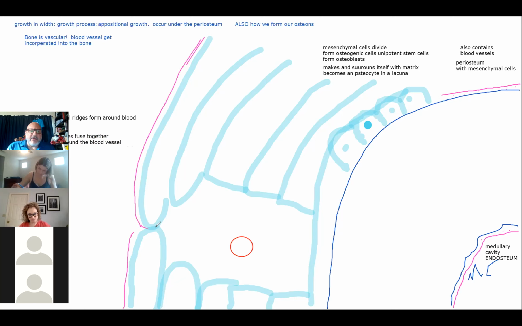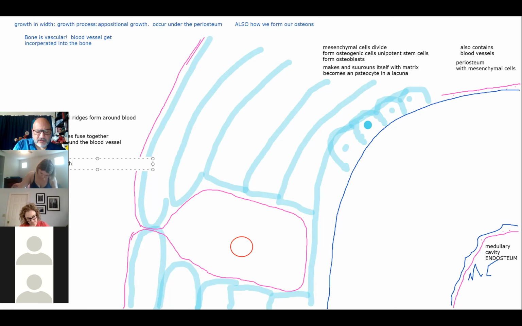But guess what? That periosteum was also lining this space as well. And when the two edges come together, they basically pinch off the periosteum inside that cavity. Of course, this periosteum, if it's inside of a cavity, is it really a periosteum anymore? No, it becomes an endosteum.